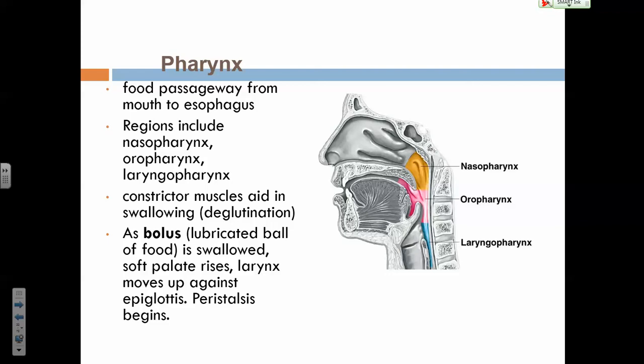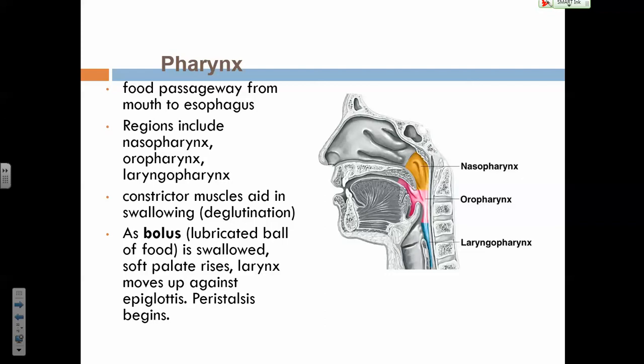Okay? What you swallow is this lubricated ball of food. As you chew on that cracker for a minute, you will really appreciate the lubrication of the mucus. And what you're swallowing now technically is called a bolus, that lubricated ball of food. And it needs to have all that mucus on it, otherwise it would be too abrasive to the esophagus as it moves down.